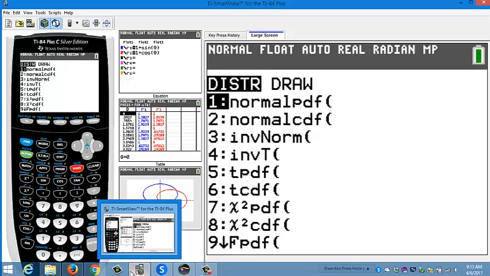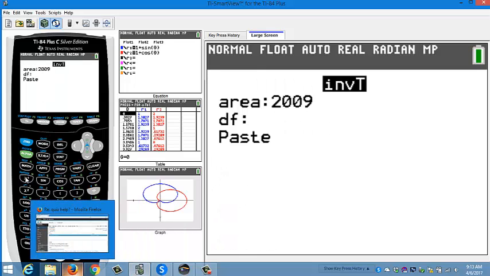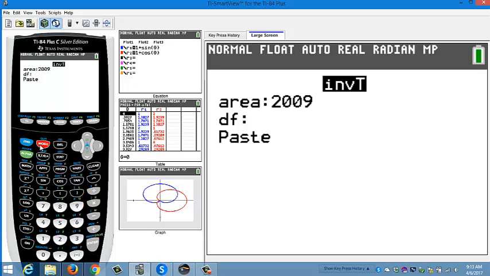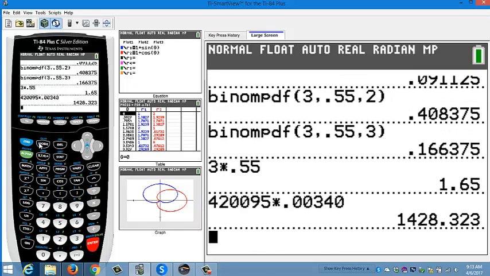420,095. Oh, shoot. I don't want to be there. I want to be on the home screen. Okay. 420,095 times 0.00340. Okay. So we're getting... Thank goodness. Because, wait a minute. Let me see that.